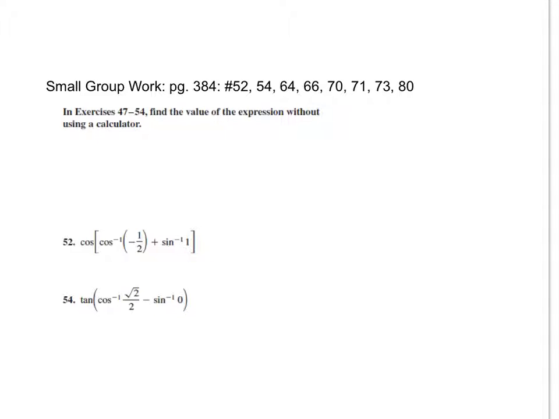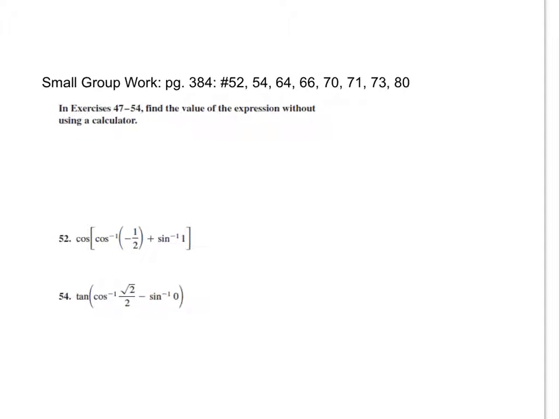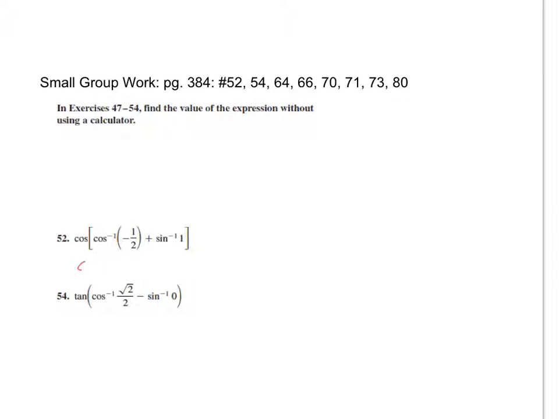It's 2 pi over 3. Good job. So this is cosine of 2 pi over 3 plus, what's the inverse sine of 1? Pi over 2. So you have to do this first. Figure out what angles you're working with before you try to use your formula.